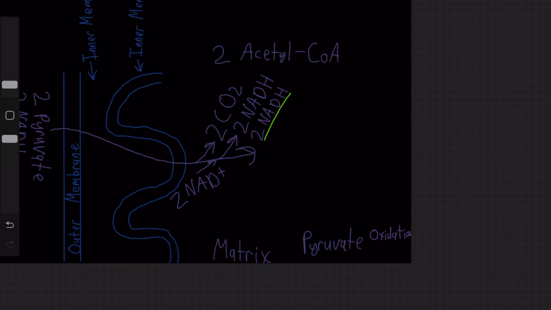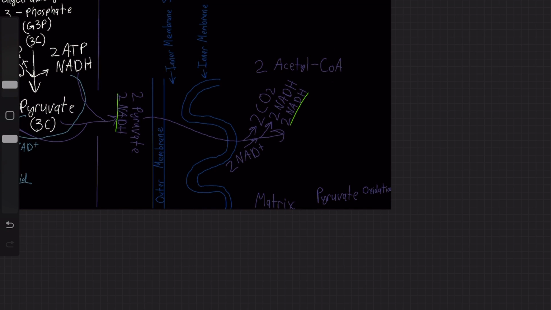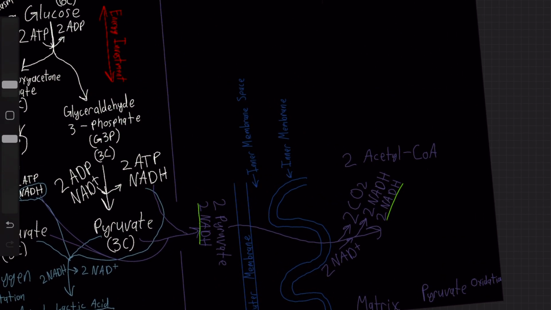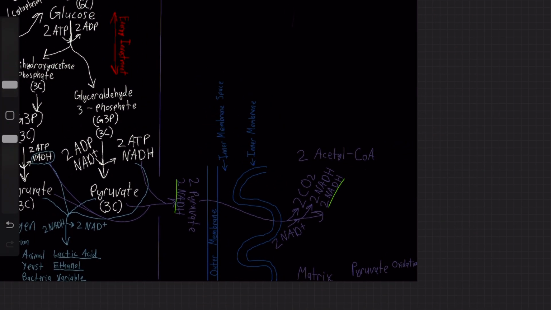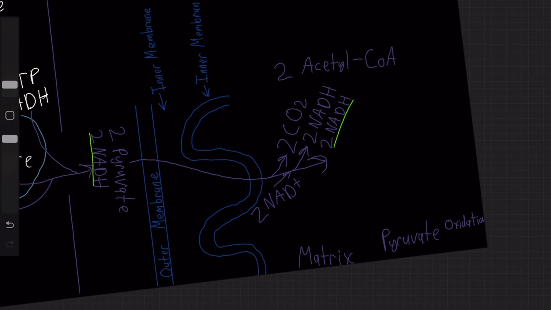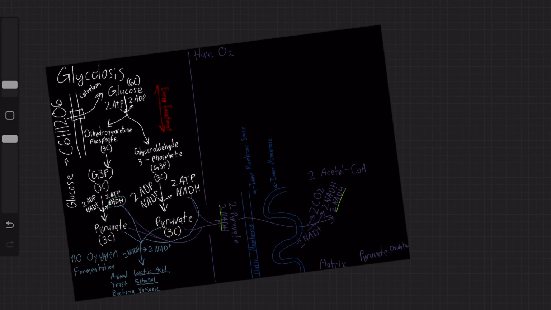It will also create two NADHs, and turn it into two acetyl coenzyme A's. And then we also received another two NADH from glycolysis. So this whole process here is called pyruvate oxidation. I think it's the easiest part because all you're doing is turning two pyruvate into two acetyl-CoAs, and you're producing two NADHs and two CO2s. So that is it for pyruvate oxidation.